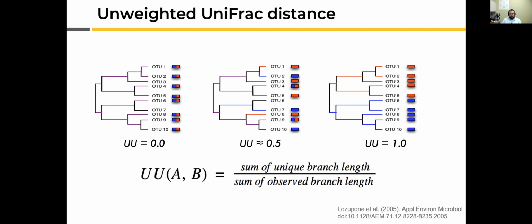If you're talking about different domains of life, that could be a little more difficult to compare. In shotgun sequencing, you can get viruses and bacteria from the same sample.